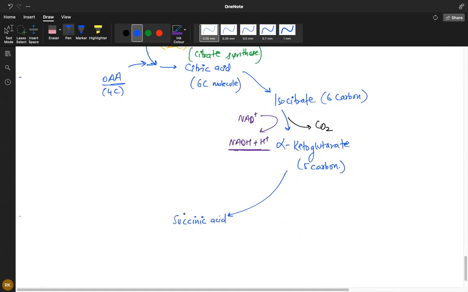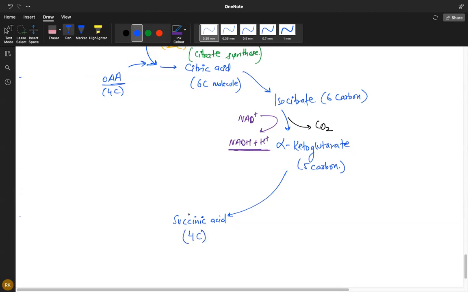All the acids inside the cell can be written in the form of -ate. Remember, alpha ketoglutaric acid or alpha ketoglutarate, isocitric acid, isocitrate, citric acid, citrate, oxaloacetic acid, oxaloacetate, pyruvic acid, pyruvate, succinic acid, succinate. Whatever you write is correct, not wrong.